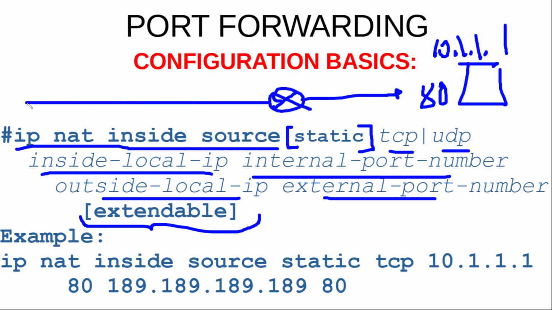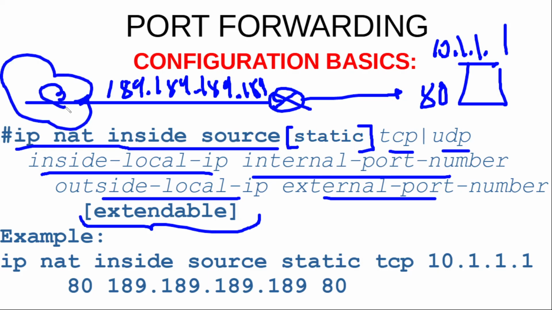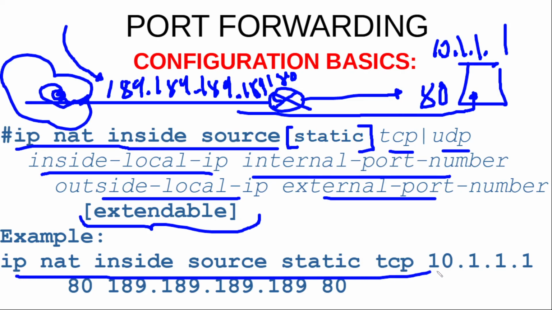For instance, if this interface has the IP address 189.189.189.189, which is reachable through the internet, then users typing this in their browser will be redirected to this particular internal server. That is what we are configuring here with this example.